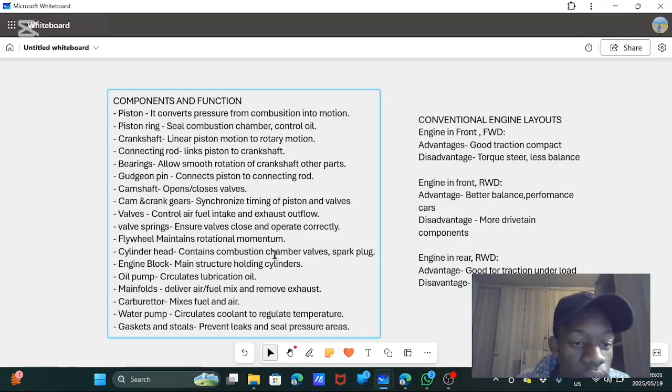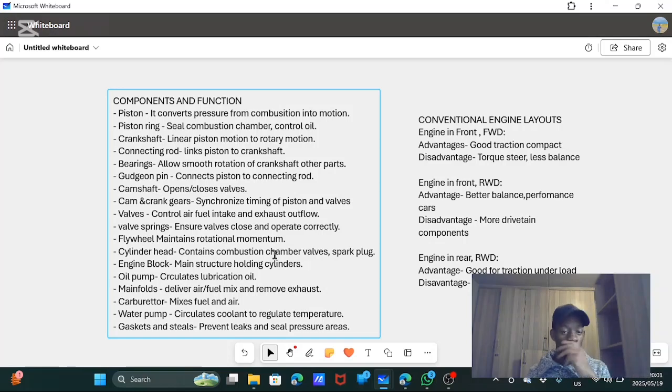Where was I? A cylinder head. The cylinder head contains the valves and spark plug. And then engine block, the main structure holding the cylinders.